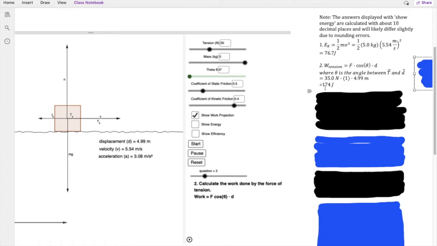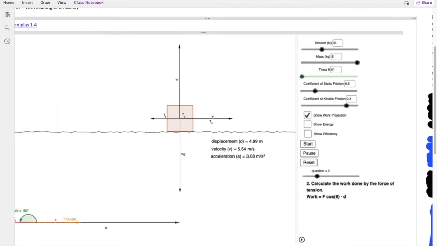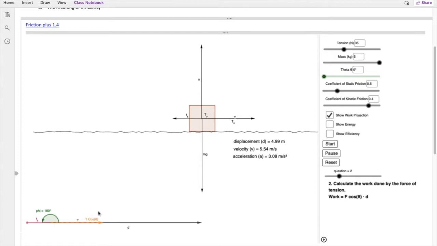All that is to say is that we only want the component in the direction of the displacement, and that'll become clear in the next one, where the angle theta is the angle between the tension and the displacement. We can clearly see that the angle between the displacement and the force of tension when the angle theta is 0 is 0.